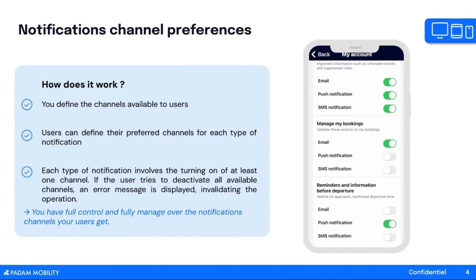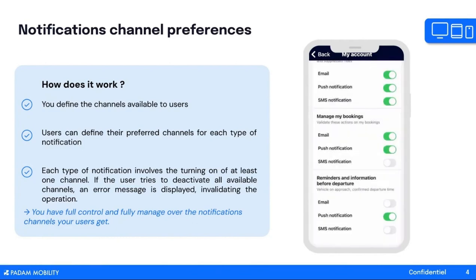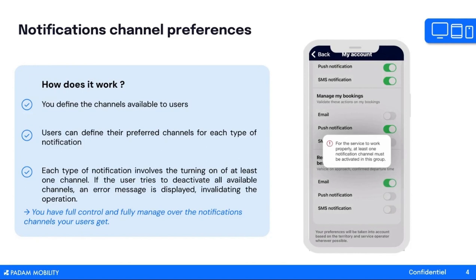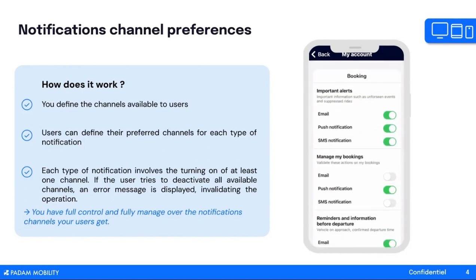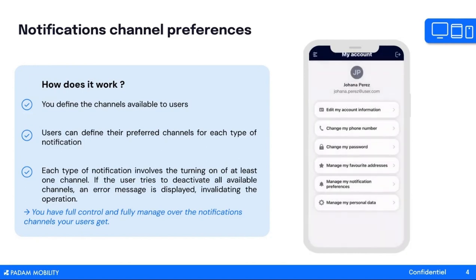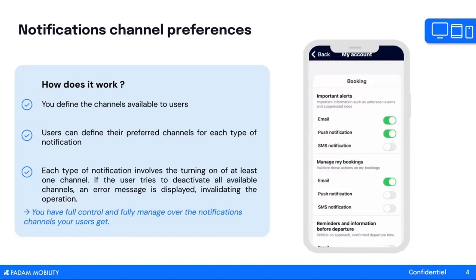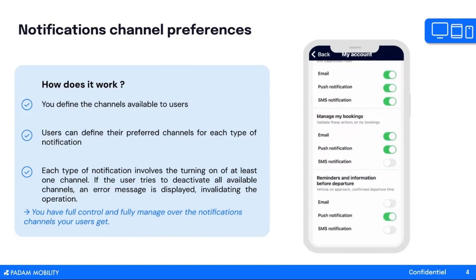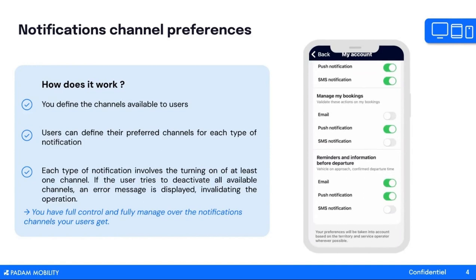As you might know, there are 3 channels available to send notifications to users: email, push notification, which is a message sent directly from the user's app, and SMS, which is available or not depending on the contract you have with Padam. It's now possible for you to define the notification channels you want to enable for users on their booking website account and on their user app.